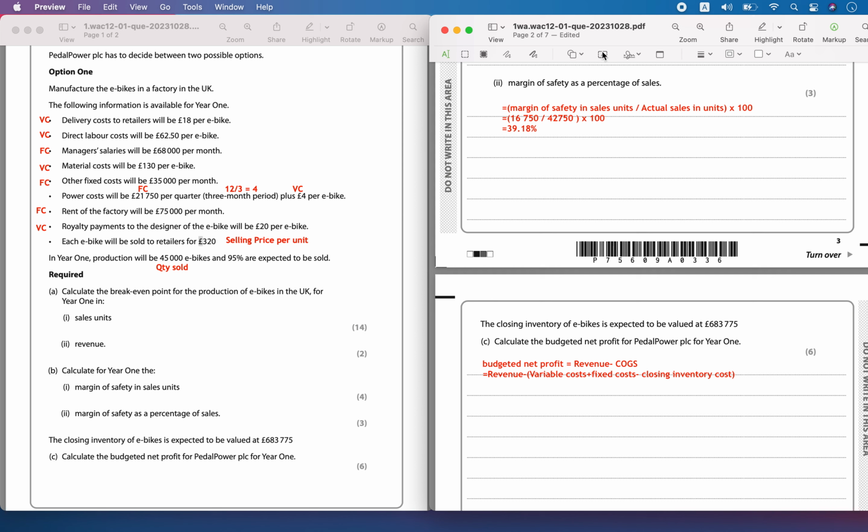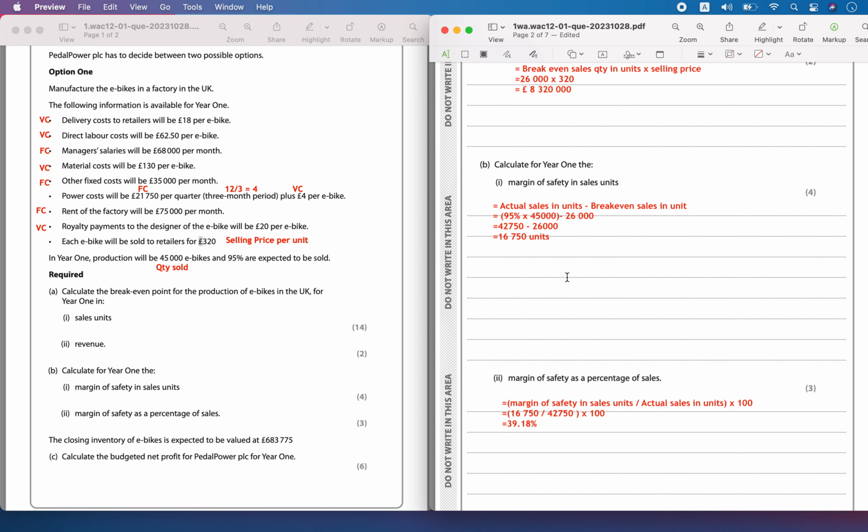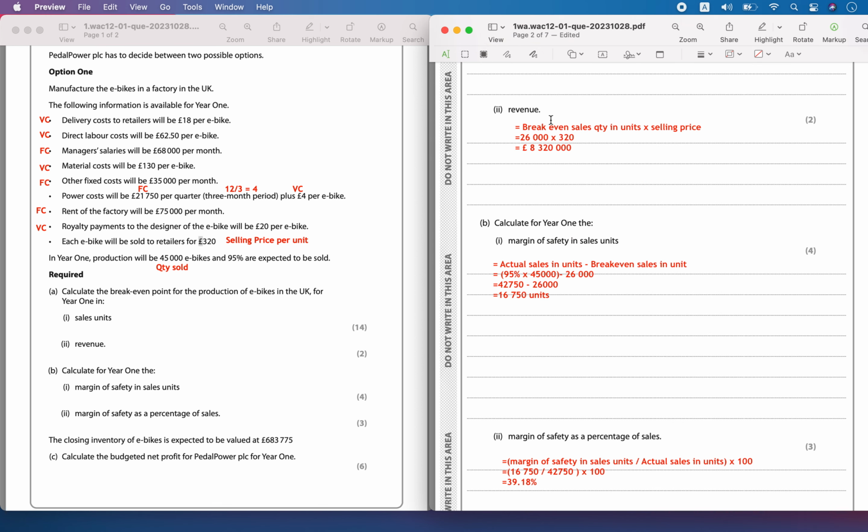Now let's calculate this. The first one is the revenue.